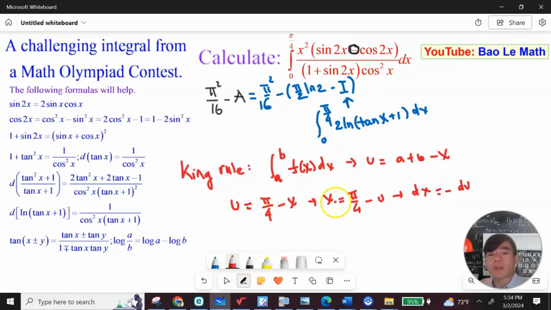Okay, now we change the variable, so I write u equal pi over 4 minus s, and then ds equal minus du.